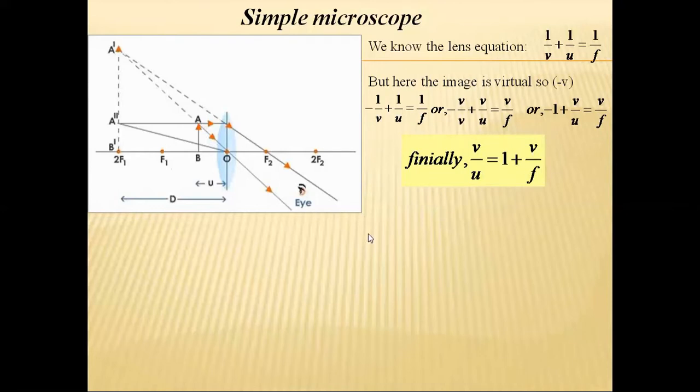We know that the equation of magnification m = -v/u, and as the image in this situation is virtual, we put the negative value and get m = v/u.